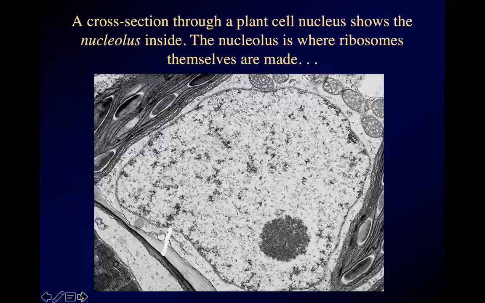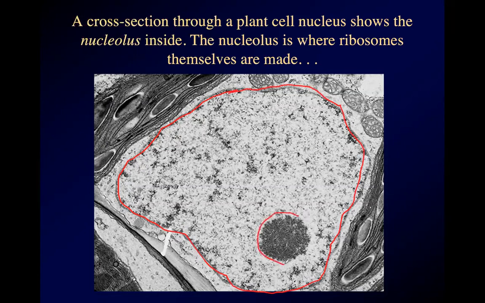This happens to be a plant cell nucleus. All of this round-ish thing that's filled with grainy material, that's the nucleus itself. And then inside the nucleus, there's one, or occasionally there might be more, areas that you can see even under a light microscope as looking dark.